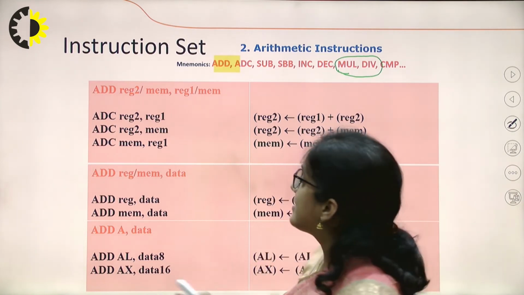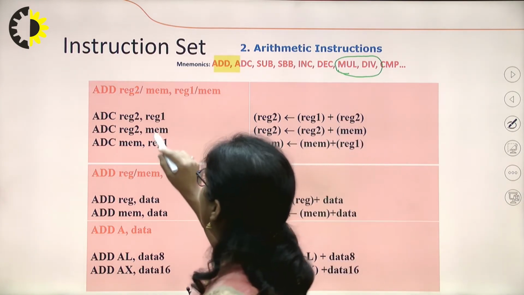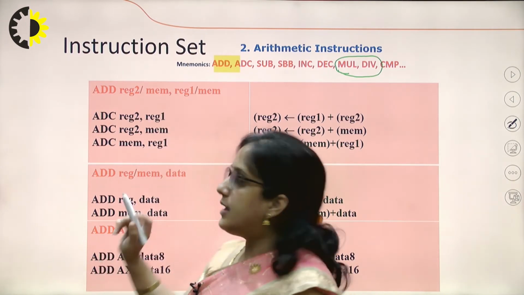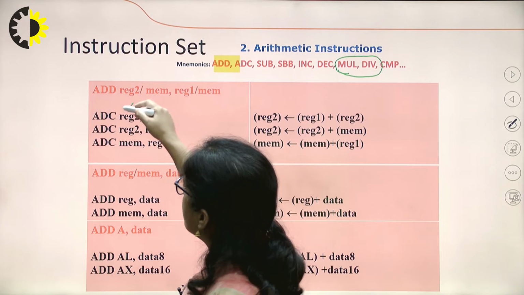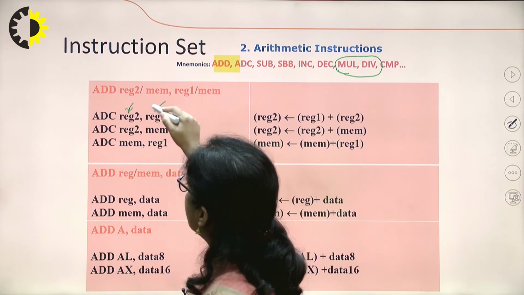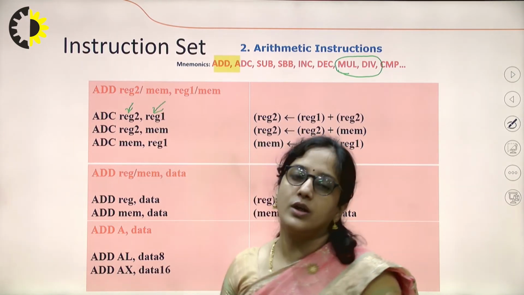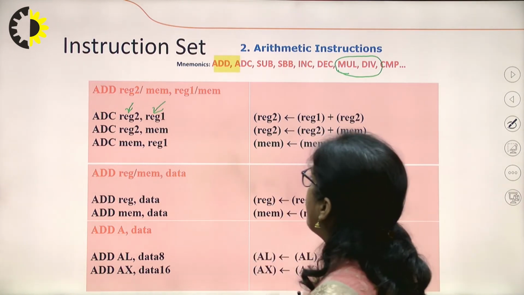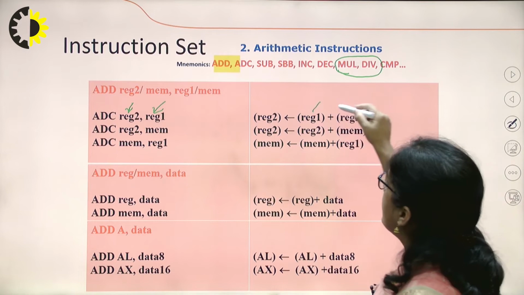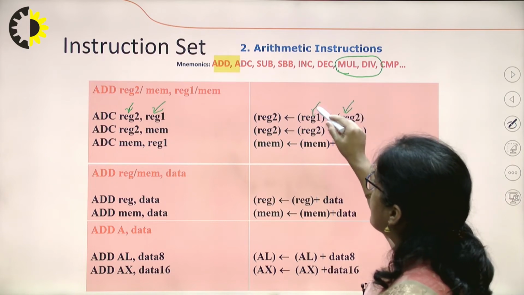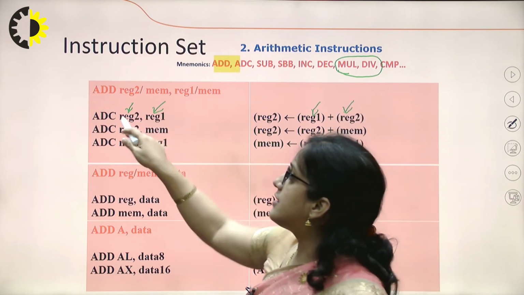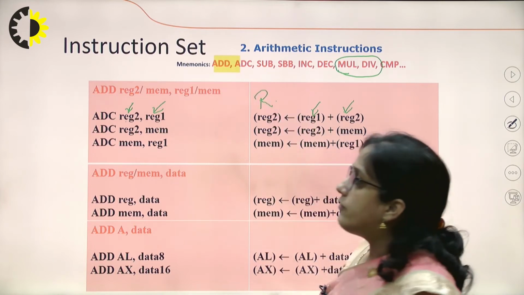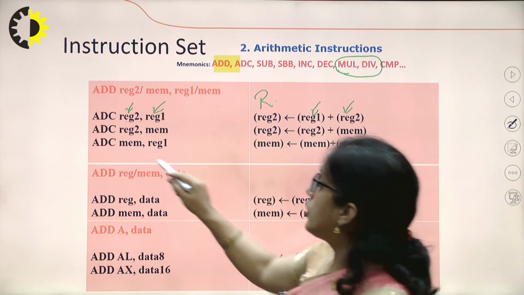But here it is not necessary that one operand should be the accumulator. We specify the destination register and the source register, that is, two operands. Whichever register we specify first will become the register to hold the result. We can store the result in memory also.